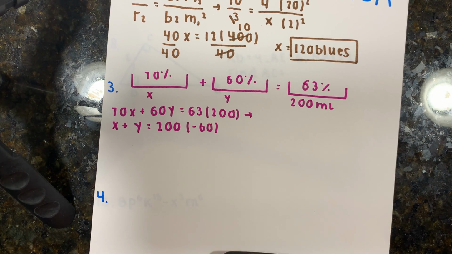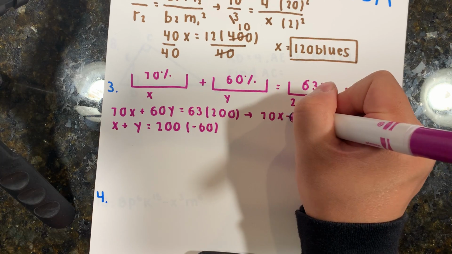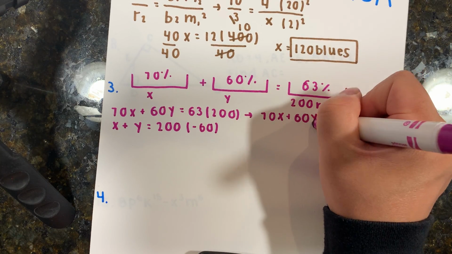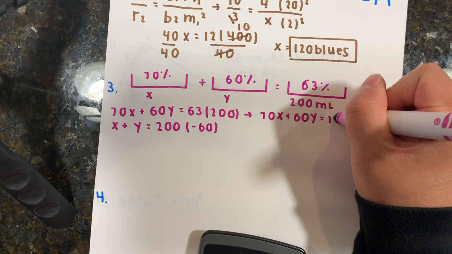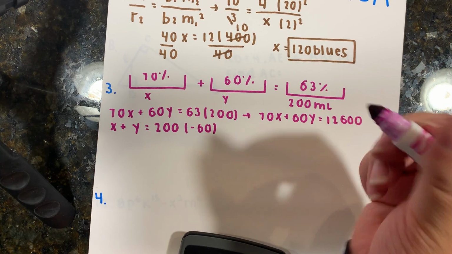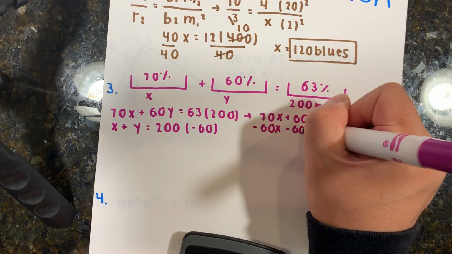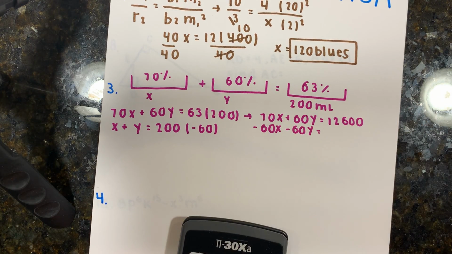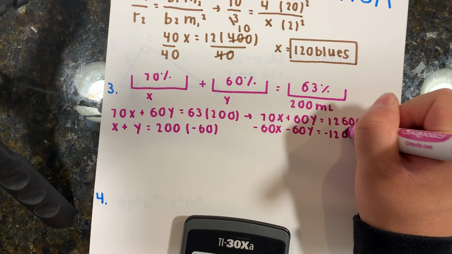The top equation is going to be just 70X plus 60Y equals 63 times 200, which is 12,600. Bottom equation turns to negative 60X minus 60Y equals negative 60 times 200, which should be negative 12,000.